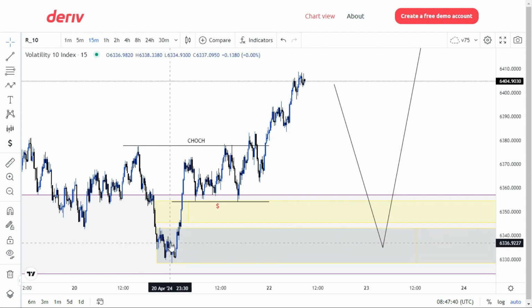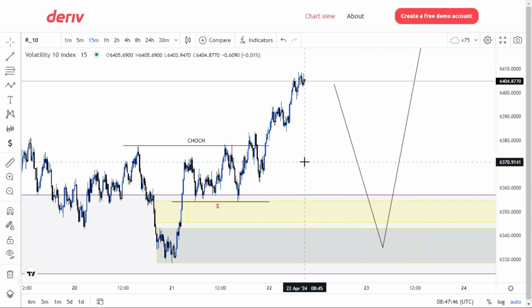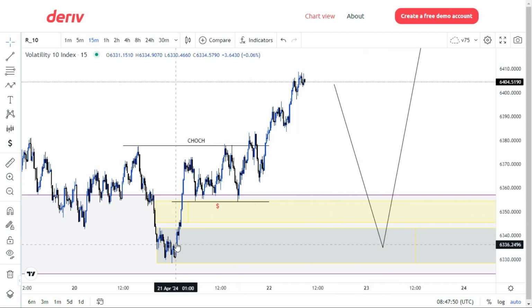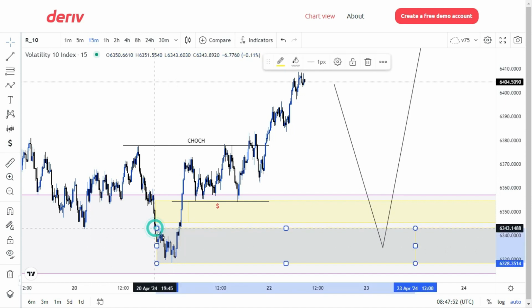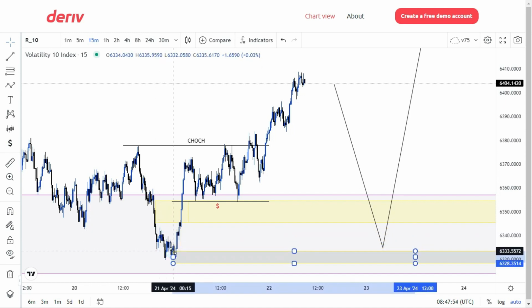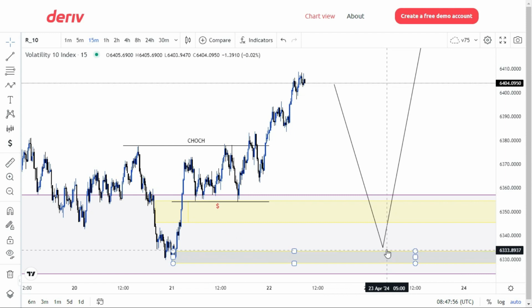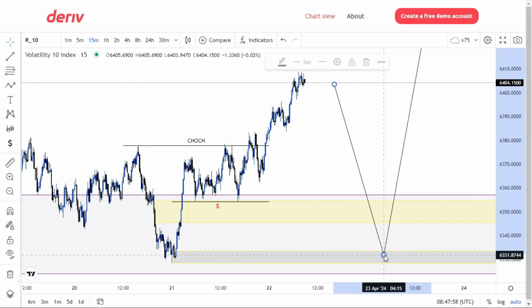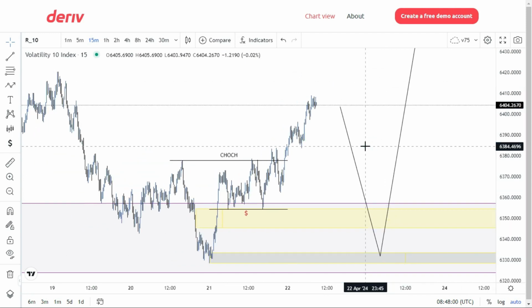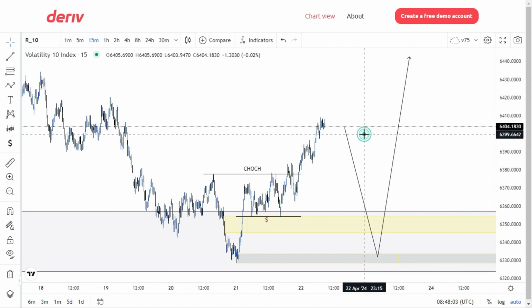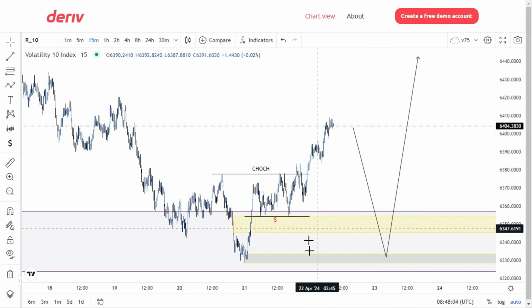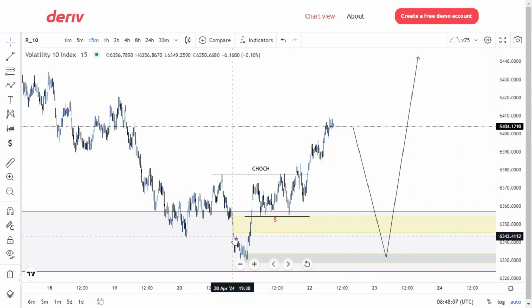But if you want that sniper entry, that best entry, since we have those imbalances lying there, you can also reduce your zone to that, right? And you can realize that your price can come just to that zone and you get some buys like that. But the disadvantage of this is price might want to just test this, because from the 15-minute time frame your POI, or point of interest, will be like this.